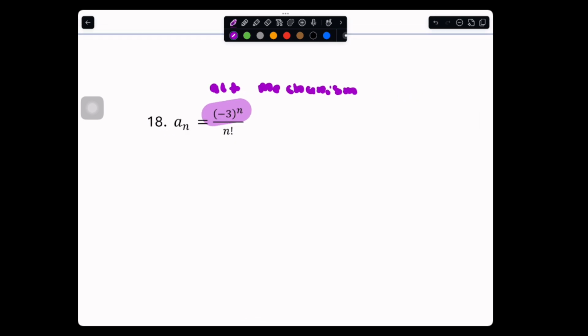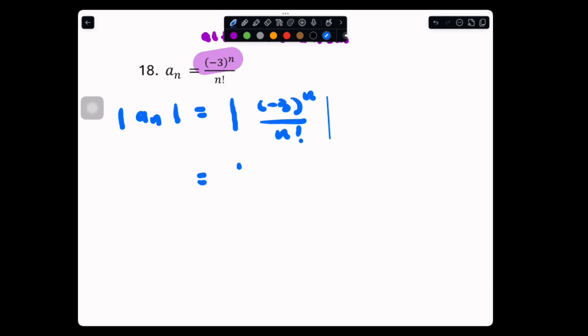And so what we want to investigate now is the absolute value of this statement. We're going to take the limit of the absolute value. We're really making all the terms positive. Using properties of absolute value now, that's going to be negative 3 to the n in absolute value divided by n factorial in absolute value.